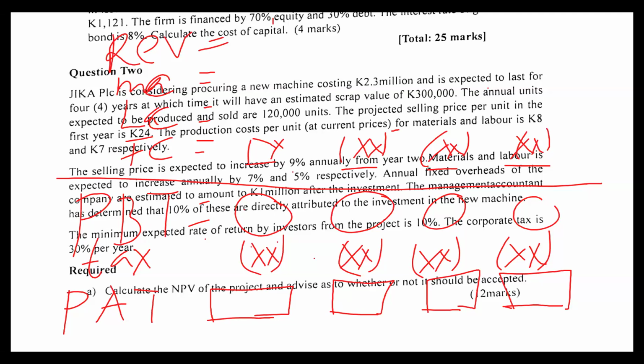So we produced 120,000, multiply that by 24, and then you tell us the revenue for the 1st year. 24 to be multiplied by 120. 2,880,000.